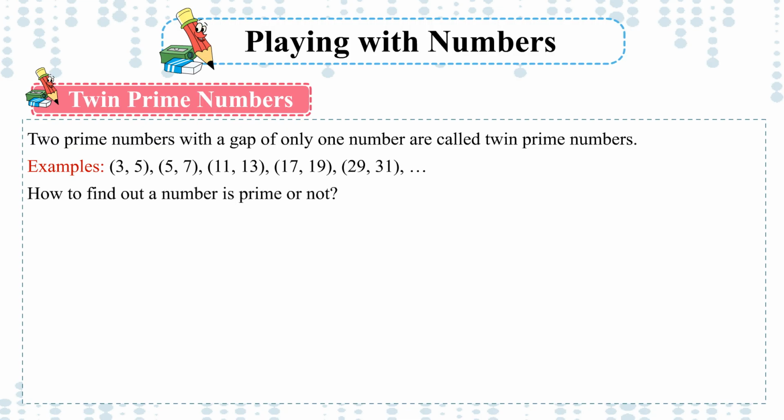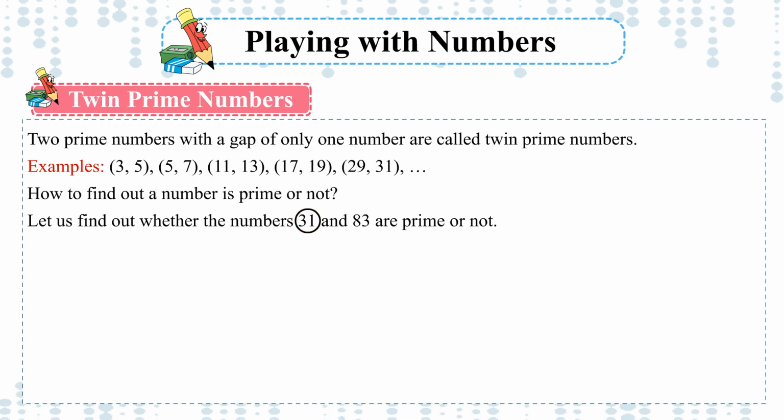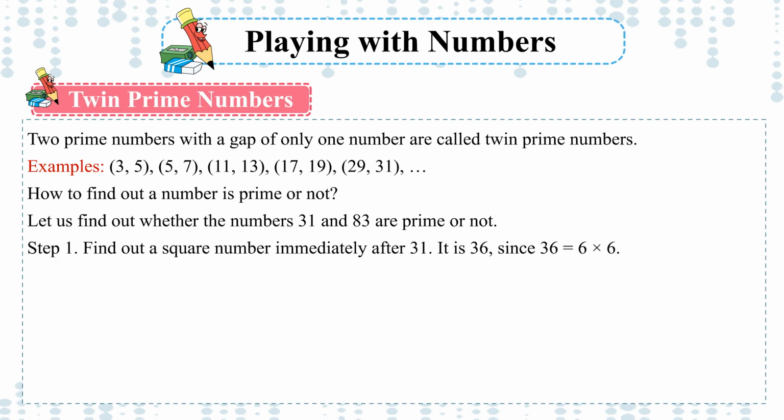How to find out if a number is prime or not? Let us find out whether the numbers 31 and 83 are prime or not. Step 1. Find out a square number immediately after 31. It is 36, since 36 is equal to 6 times 6.